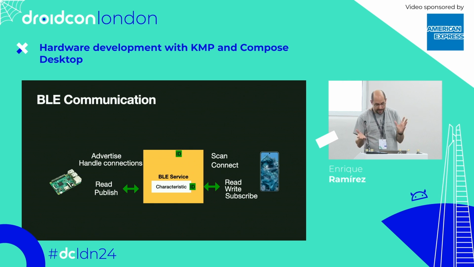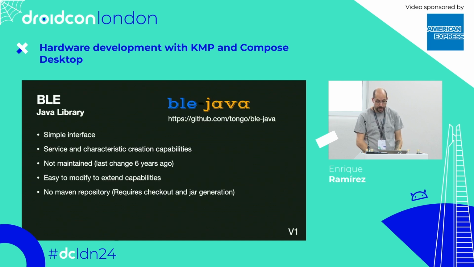This is kind of similar in a way. So you can read, write, or subscribe from the client perspective, from the companion app perspective, and on the device that implements that BLE service, you can read or publish. So that's all we need, and not too complex.